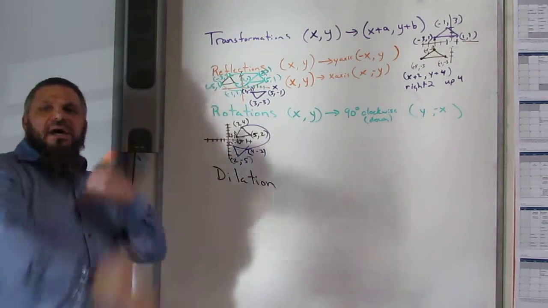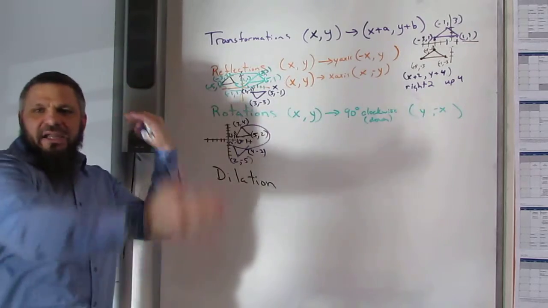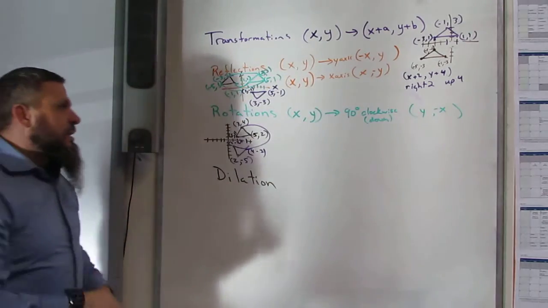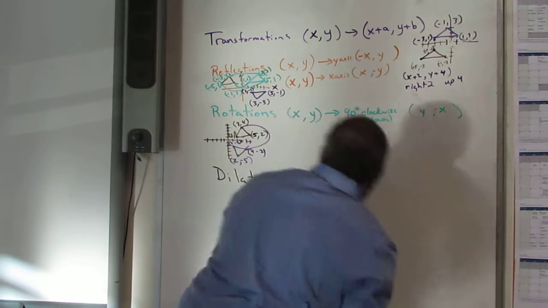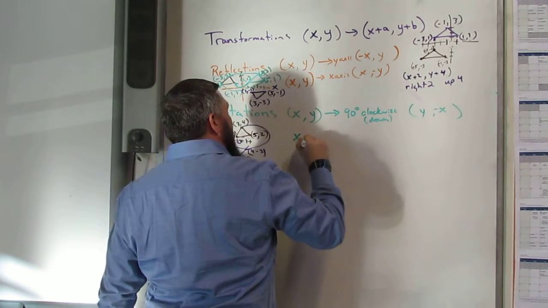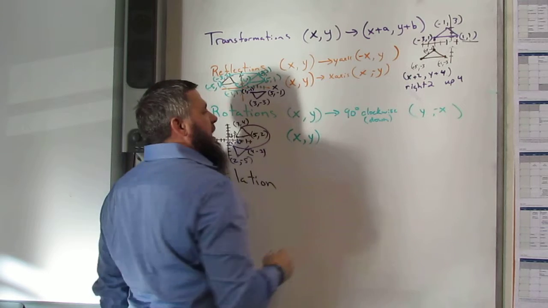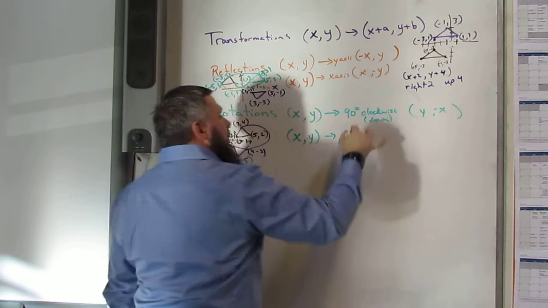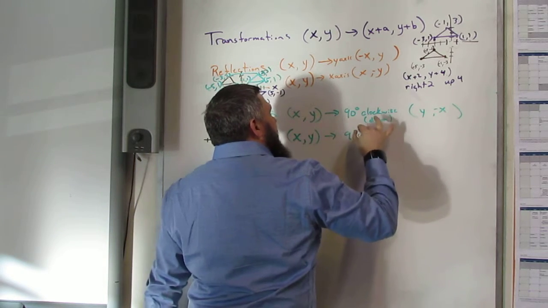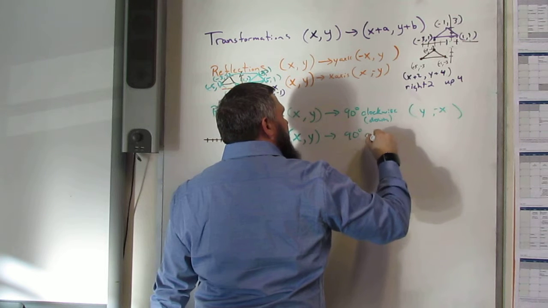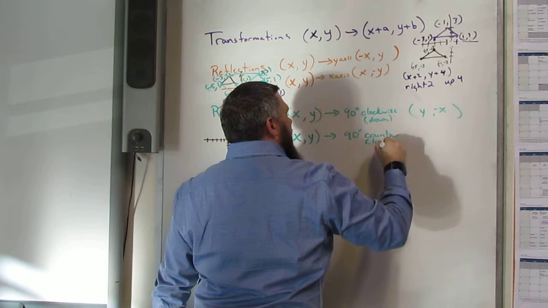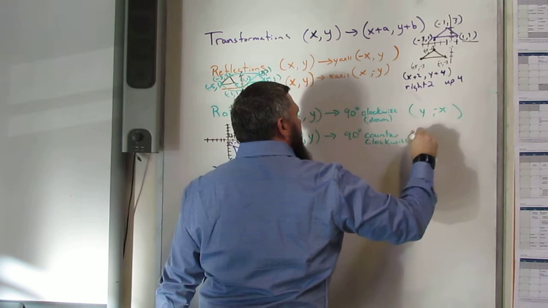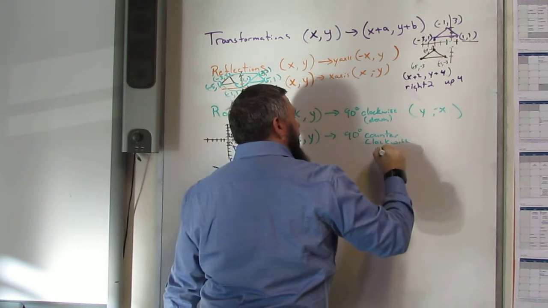Now, if I want to go the other direction, my X and my Y in a 90-degree counterclockwise, or in this case, up.